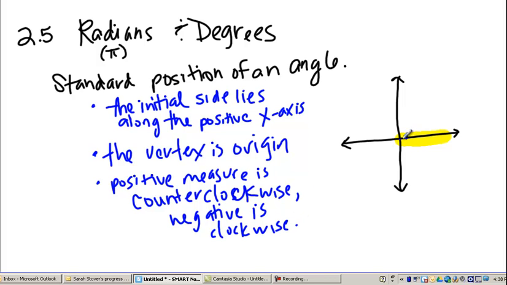Okay, so this would be 45 degrees. This angle would be at negative 45 degrees. Okay? All right.